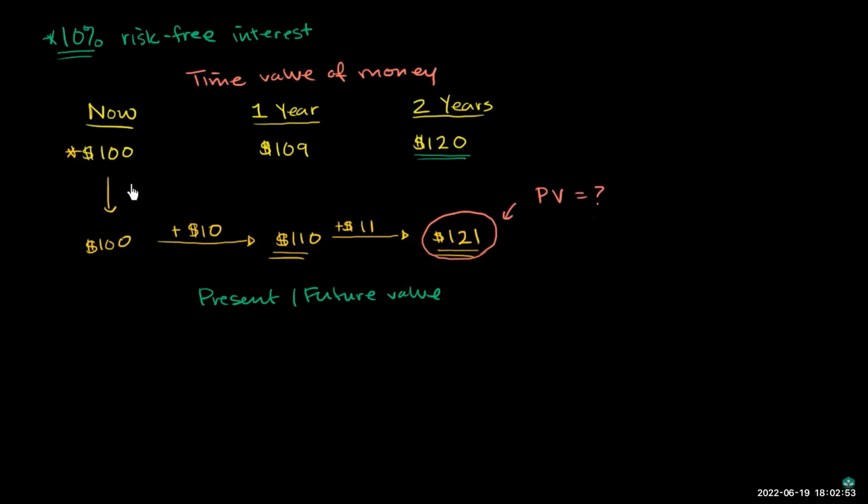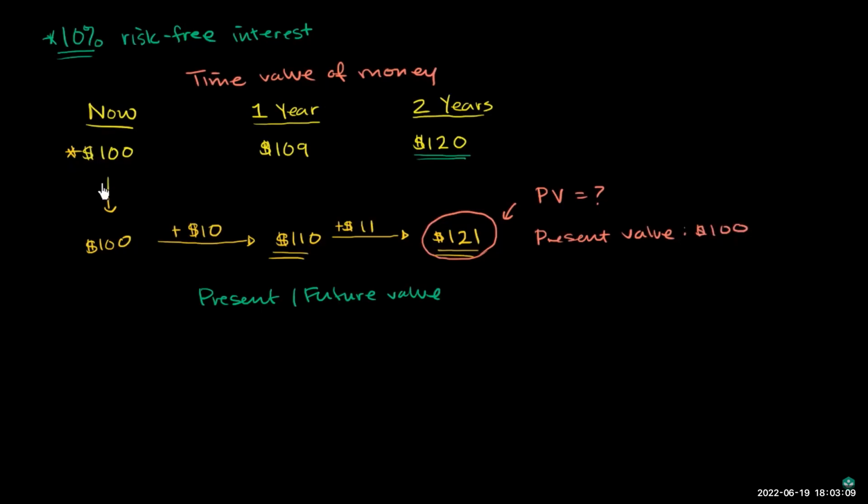And we know that if you put $100 in the bank for 2 years at 10% risk-free, you would get $121. So the present value of $121 is the $100.